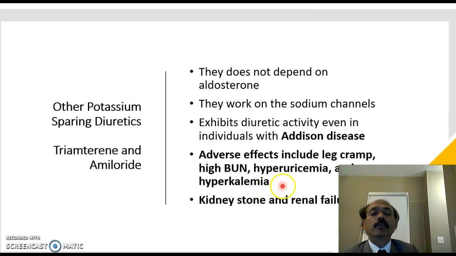So in case of triamterene, amiloride, and also spironolactone, there is possibility of hyperkalemia. Kidney stone, especially with triamterene, because triamterene is less soluble, it may be precipitated, so it may lead to kidney stone and there may be chance of renal failure.